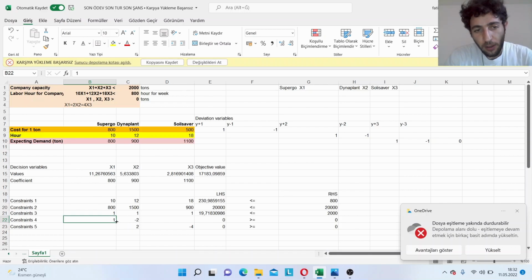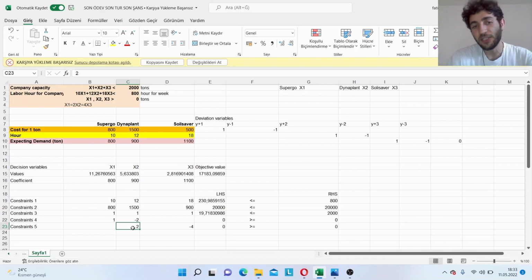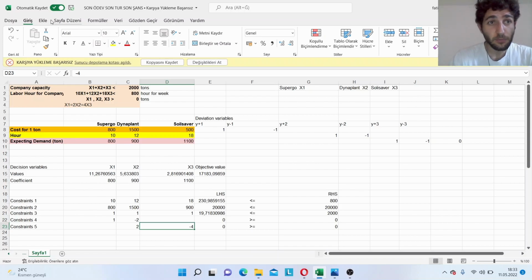So we need to say X1 is 1 and X2 is minus 2. The other constraint is related to X2, so we need to say X2 is 2 and X3 is minus 4. So let's go to the solver part.